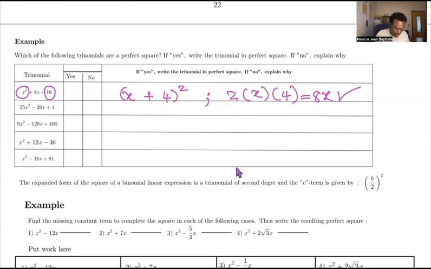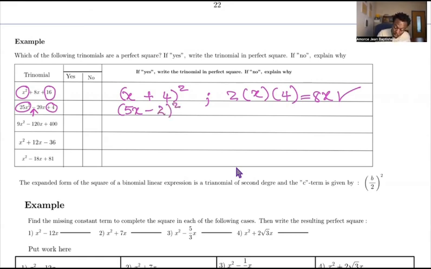So let's try another example. We have 25x squared and then 4. I'm going to put the square root of 25x squared, which is 5x. The sign is negative. And then the square root of 4 is 2, squared.